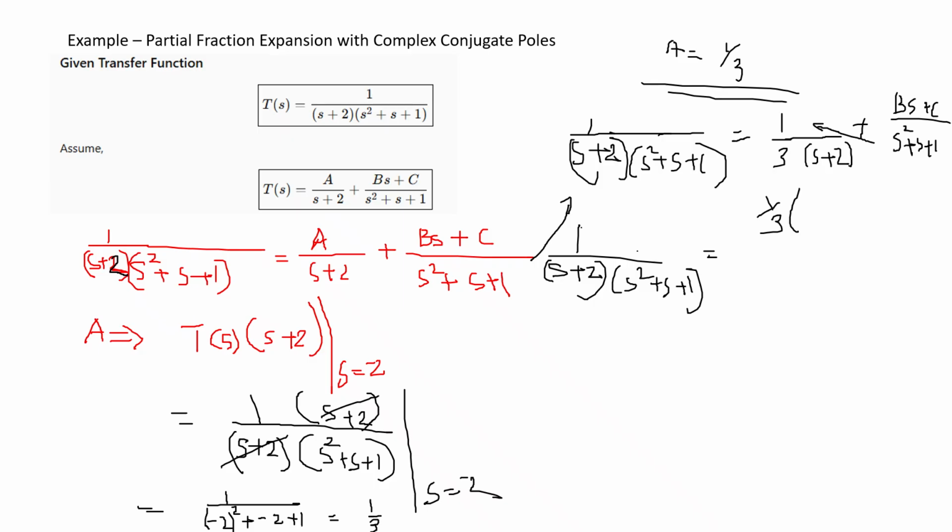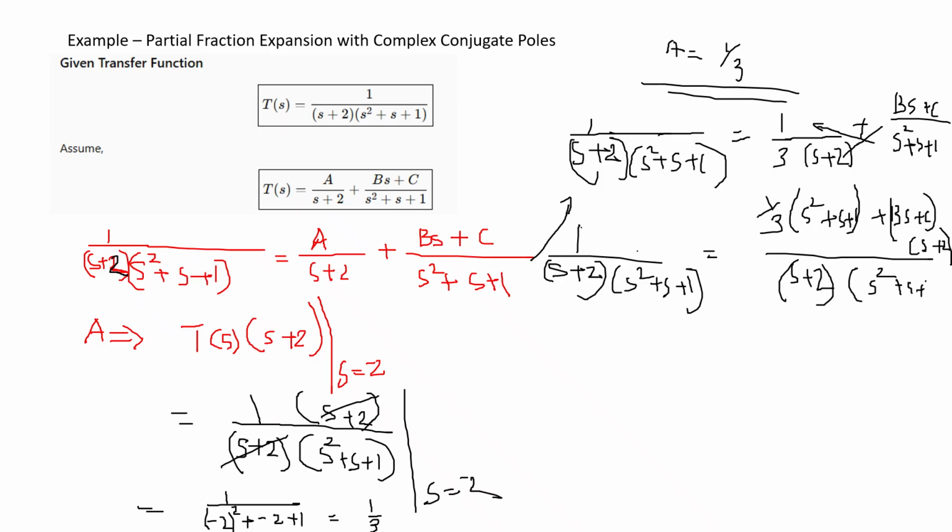So this is 1 by 3 into s square plus s plus 1, plus bs plus c, into, taking the LCM here also, s plus 2, by the denominator as such, s plus 2 into s square plus s plus 1. So you can cancel both the denominators.